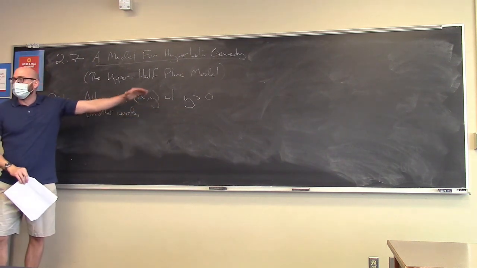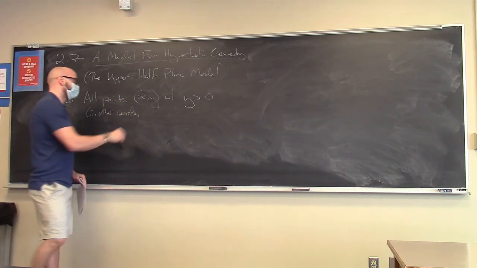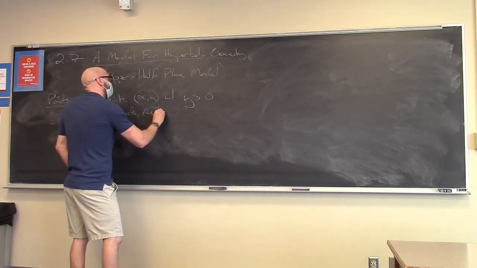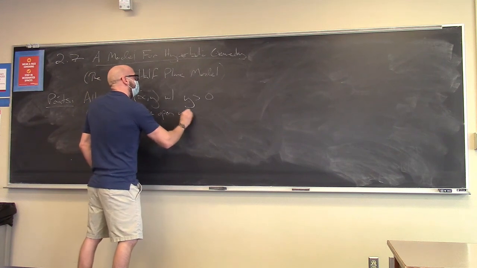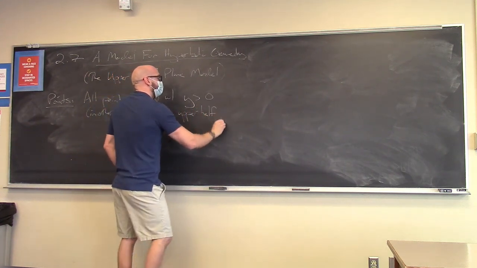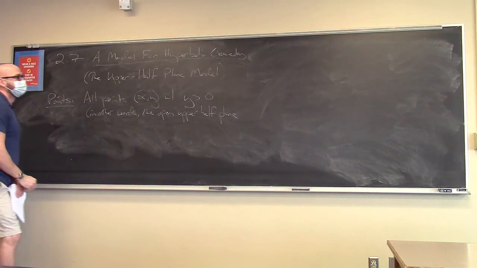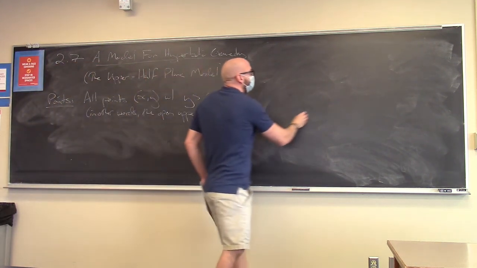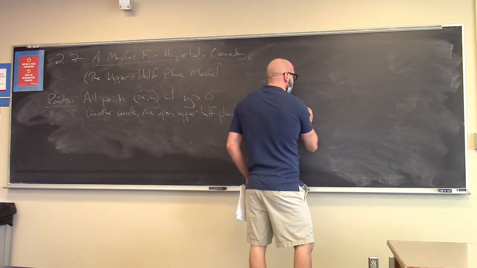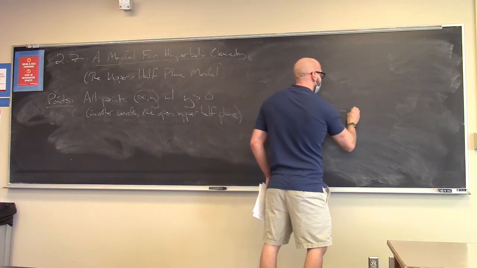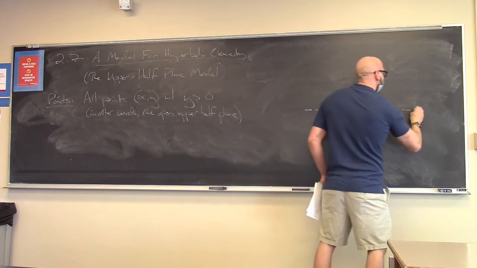Those are everything above the x-axis, right? Not including the x-axis, so it's the open half plane, the open upper half plane. I'll dash it out because we're not actually going to include it.